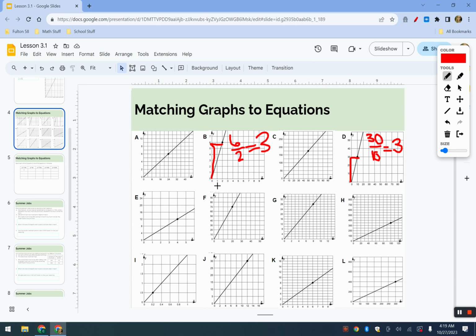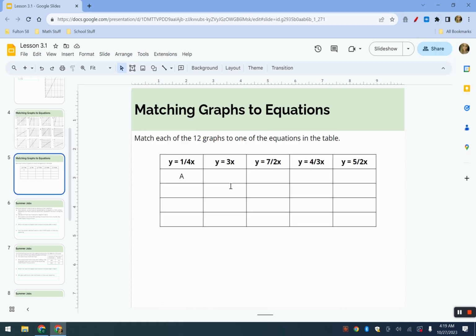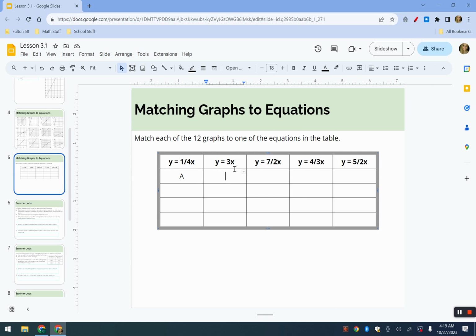And then we have one more that's going to have a slope of 3, and that's going to be E. So up 12 and over 4. So 12 over 4 is going to be 3 as well. Okay, so B, D, and E we are going to put in the table right here. This has our slope of 3.